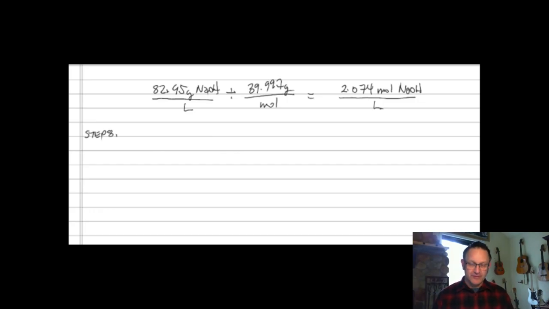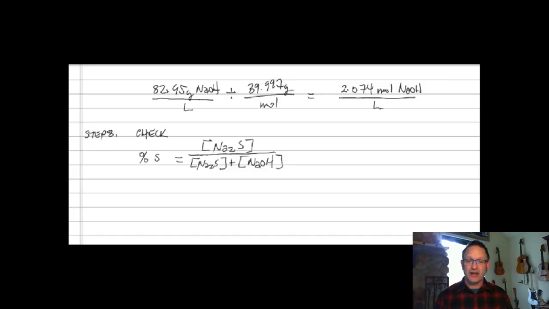Okay. So final step, it's always good to check your work, right? Let's make sure that everything checks out. So let's do percent sulfidity since it has all the active ingredients in there. If you remember from our first video, it's the concentration of Na2S over your active alkali, so the total Na2S plus NaOH.